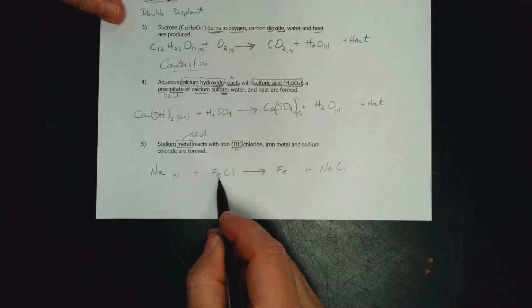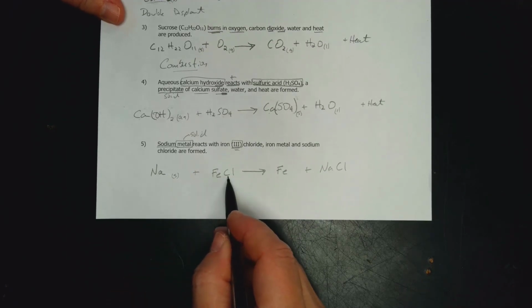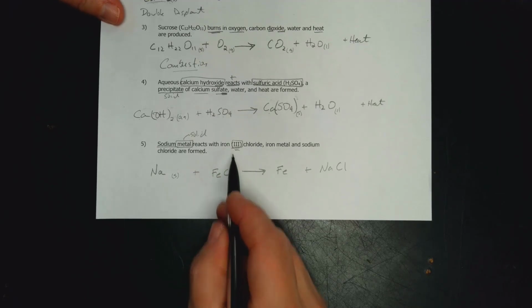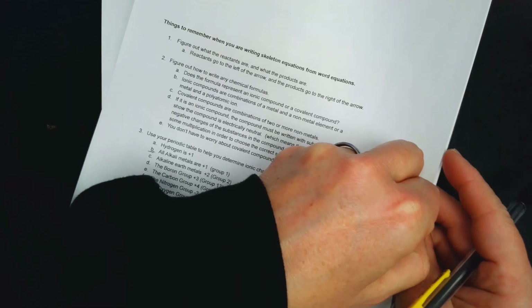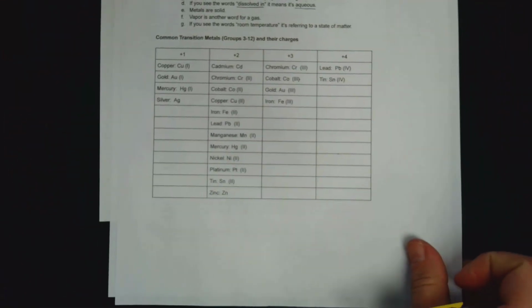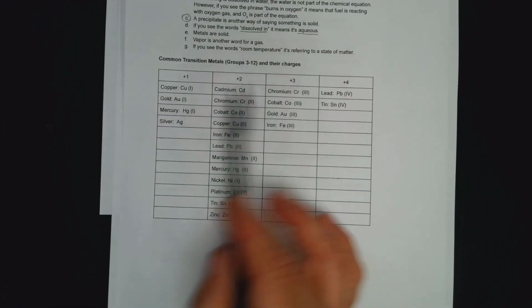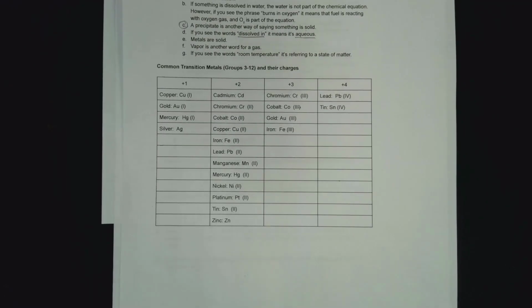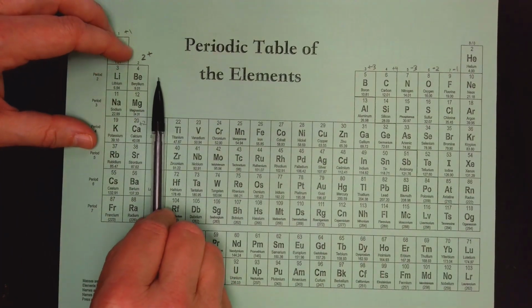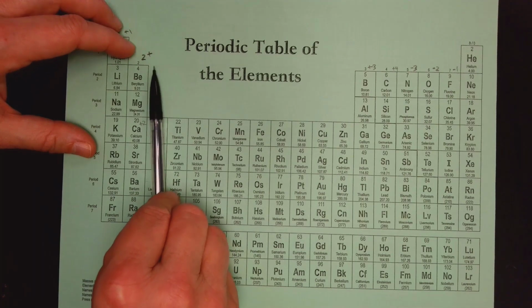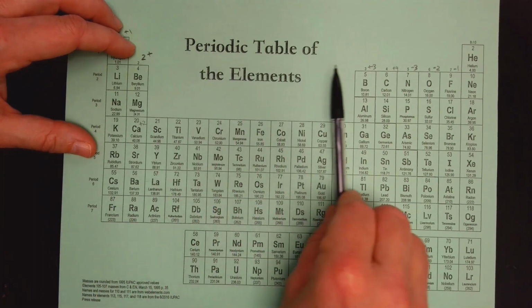Now, on the other hand, what we have here is iron and chlorine. Now, this is iron 3, and if we go back to our document that we got the other day, the things that we should know about writing skeleton equations and word equations, if we go to the second page, we have a whole list of transition metals. The transition metals on the periodic table, and I talked about this a little earlier, are these columns or these groups, group 3 through group 12.